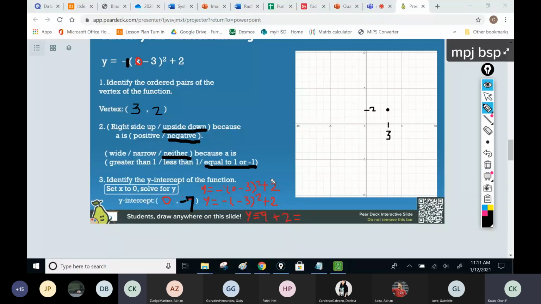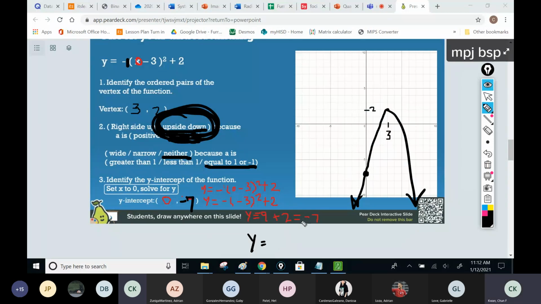And let's see if it makes sense, all right? 0 and negative 7 is right here. We need it to be upside down, so it will go like this, right? But that was positive 11 that you got earlier, and positive 11 is way up here.